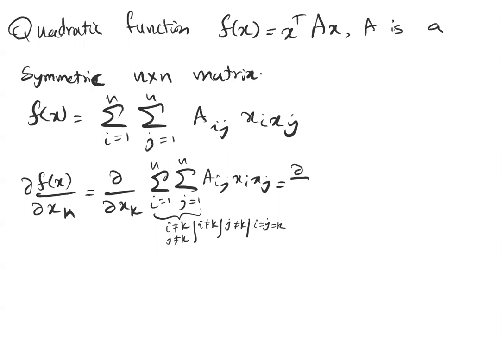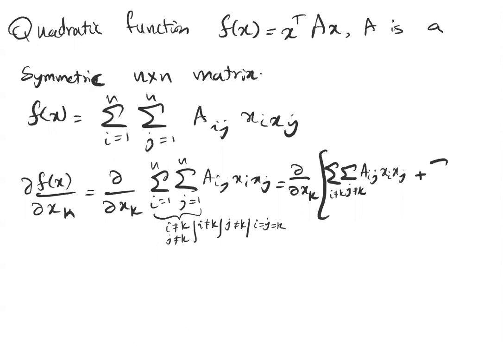Then we will have the derivative with respect to x k of the sum where i is not equal to k and j is not equal to k. In those scenarios, we will have a i j, x i, x j. So there is nothing about x k.